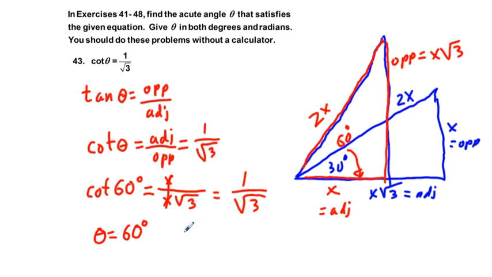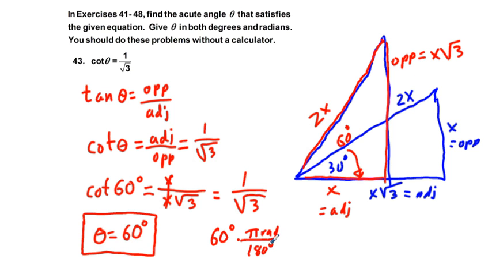And in radians, that's going to be 60 degrees times pi radians over 180 degrees. Degrees over degrees cancel, and 60 divided by 180 is going to be pi over 3, and that's radians.